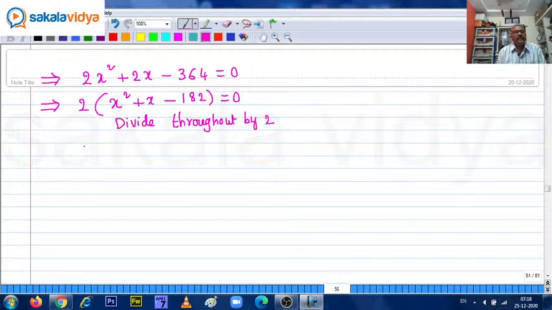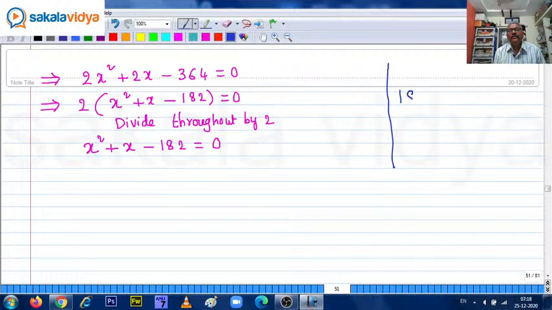We get x square plus x minus 182 equals 0, since 0 by 2 is 0. In the previous case also we came across the 182 value. So the product should be negative 182 and the sum should be 1.